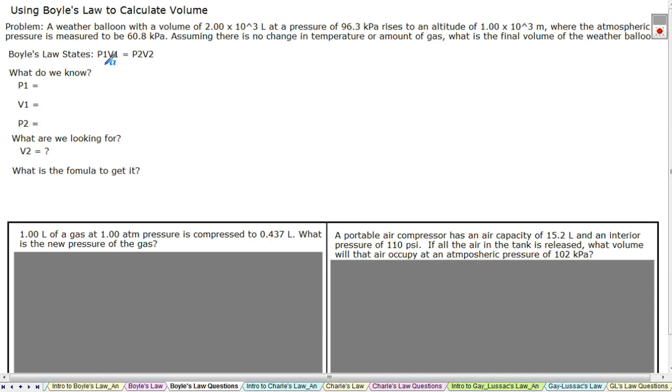Well, we know that we have an initial pressure of 96.3 kilopascals. We have an initial volume, and we have a final pressure of 60.8 kilopascals.